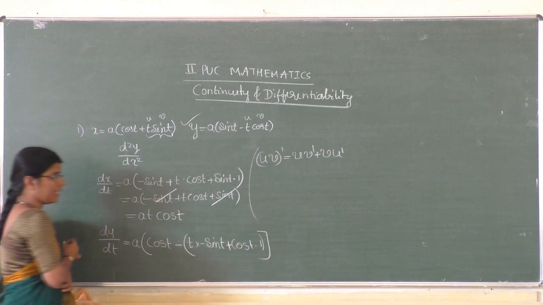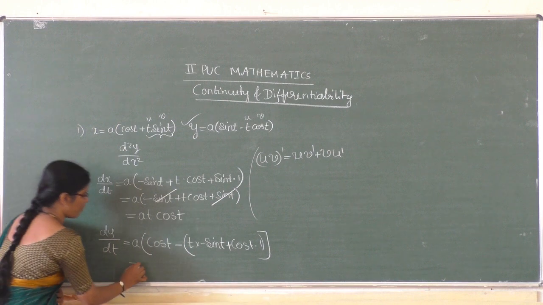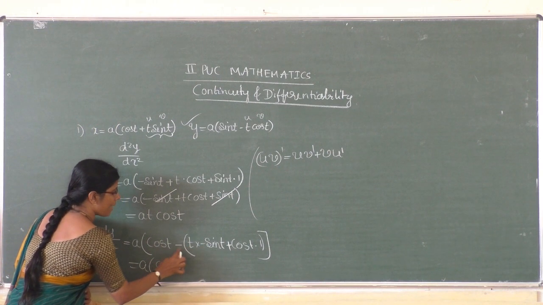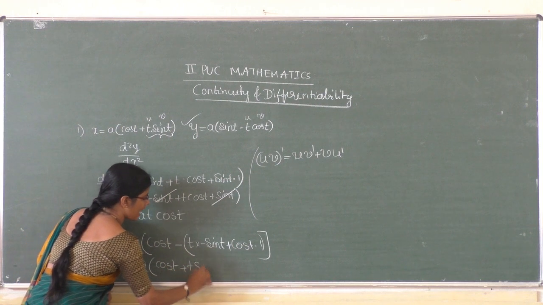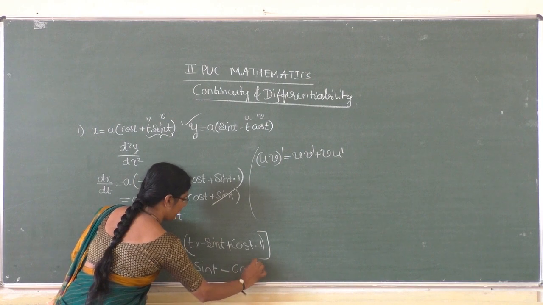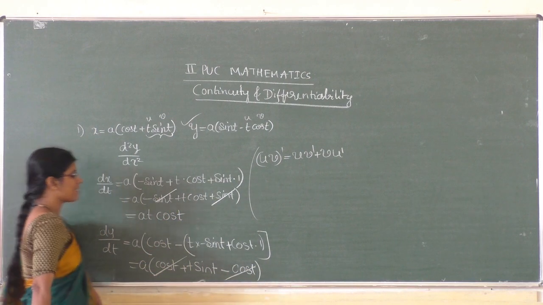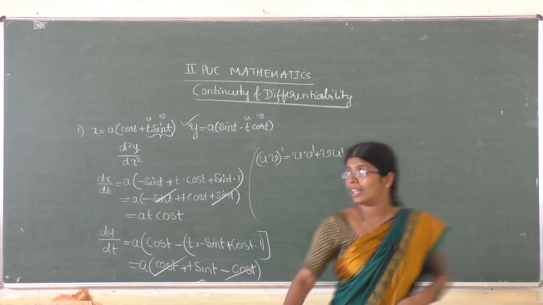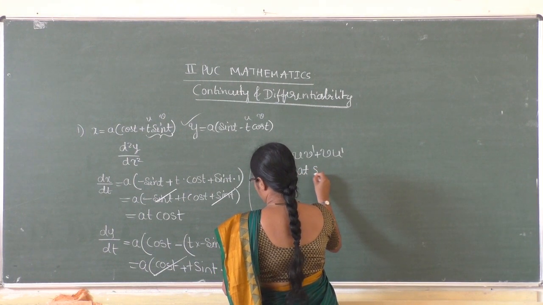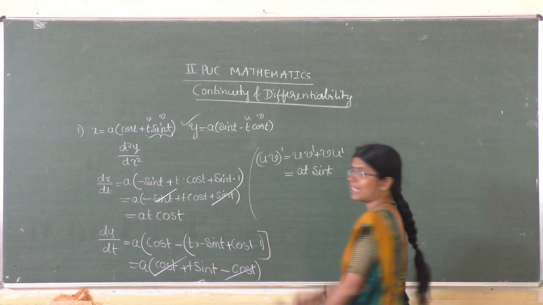The differentiation is over. Then simplification: cos t, here minus, minus gives plus t sin t, and here minus cos t, so cos t and cos t cancel, and we get a into t sin t.